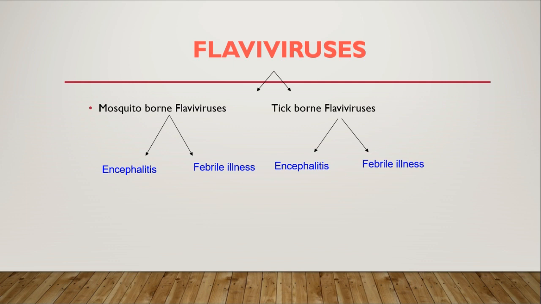One can be transmitted through mosquitoes, and we name them mosquito-borne flaviviral diseases or mosquito-borne flavivirus. And there is another class of flavivirus which can be transmitted by ticks. So they are known as tick-borne flaviviral infections. Mosquito-borne flaviviruses can transmit serious infections which can lead to encephalitis and febrile illness, and even tick-borne flavivirus can bring the same kind of clinical presentation, encephalitis and febrile illness.